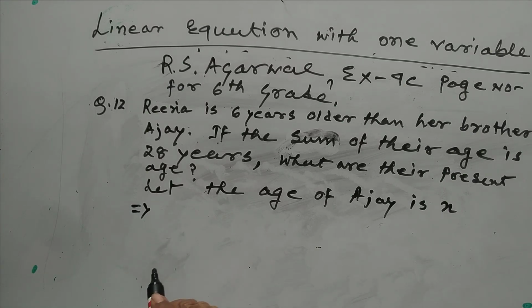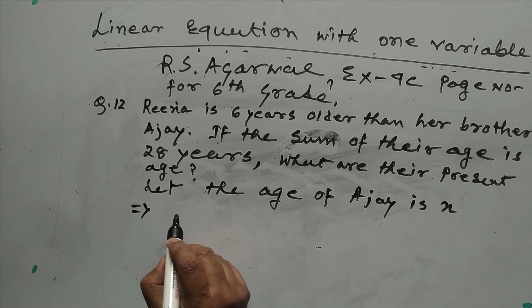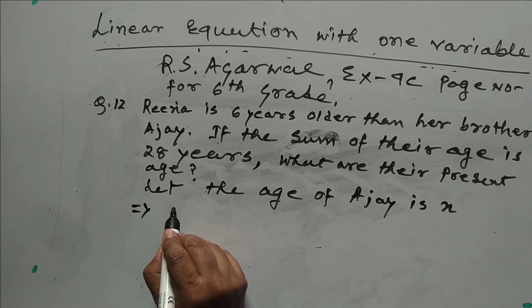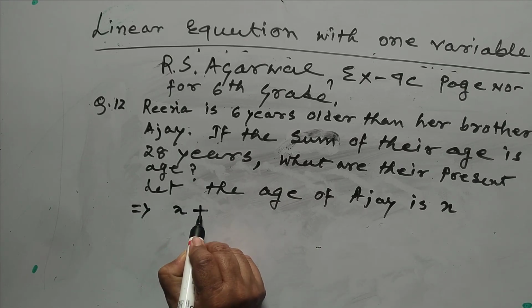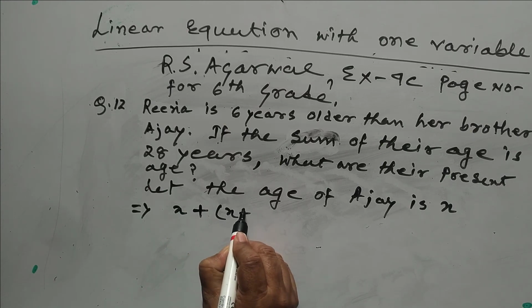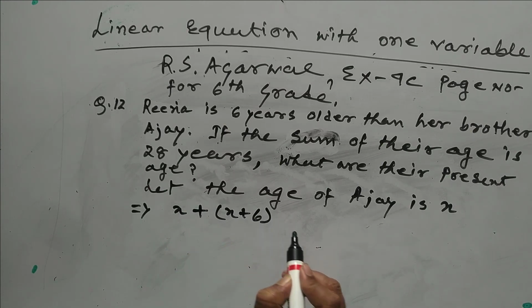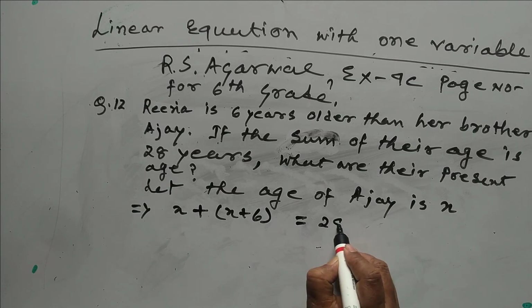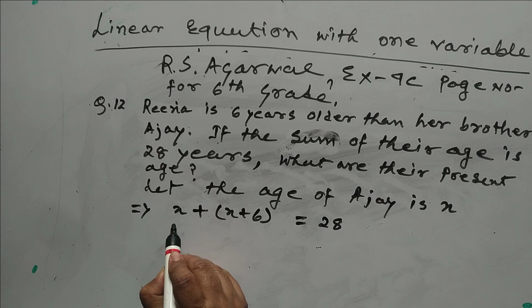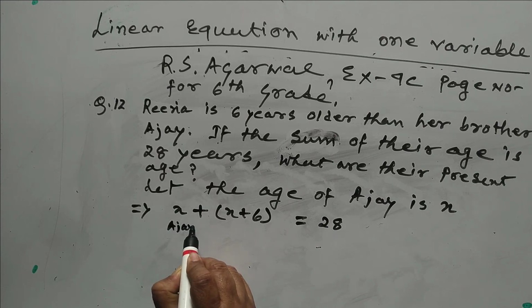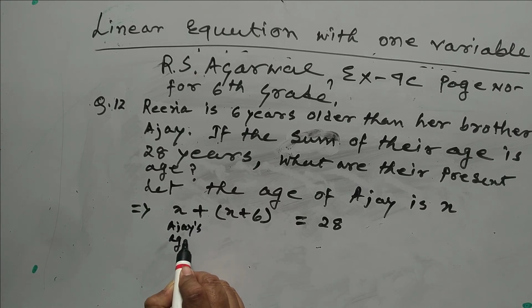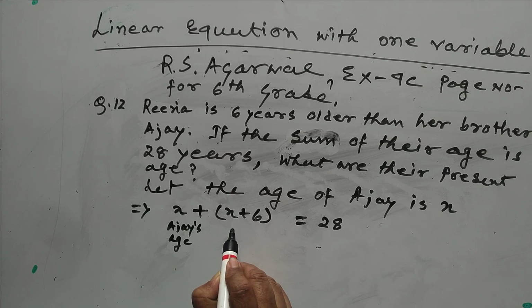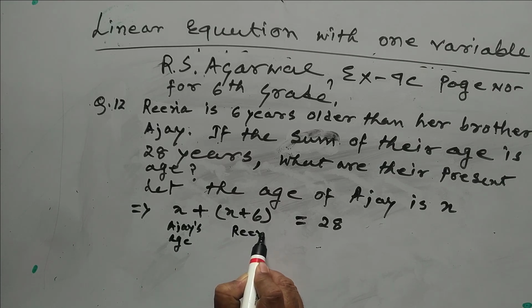Then the equation will be x plus 6 equals 28. This is Ajoy's age and this is Rina's age.